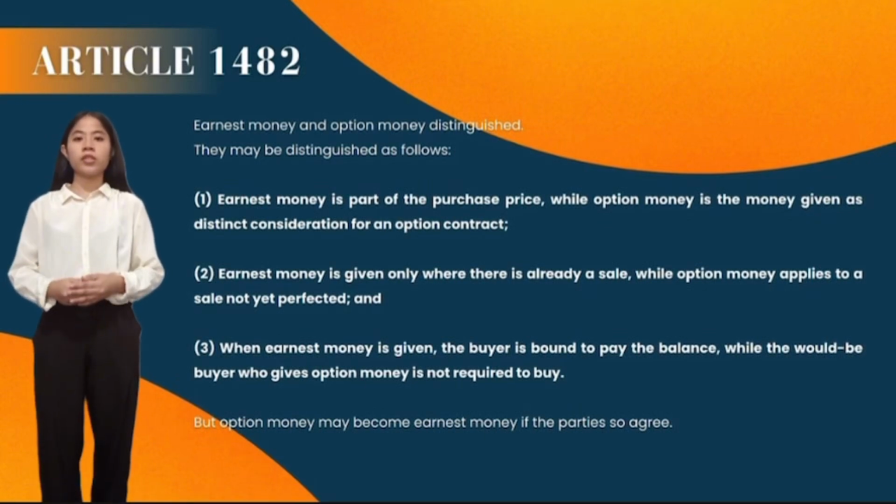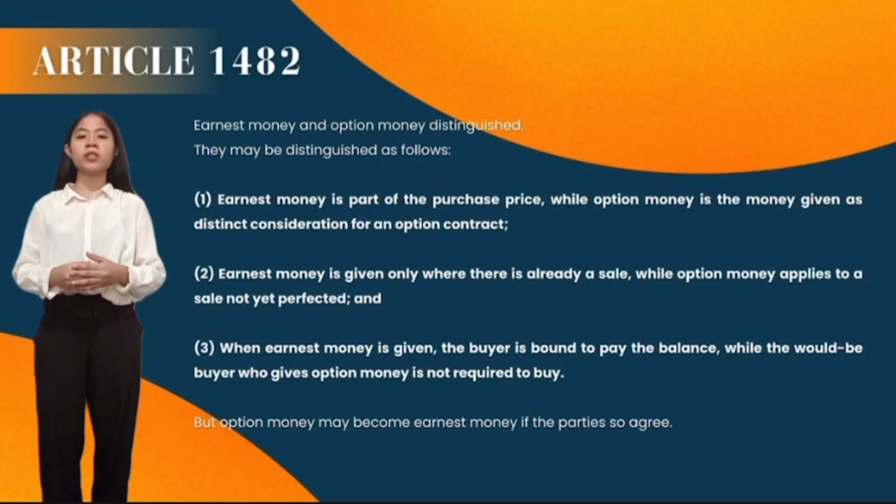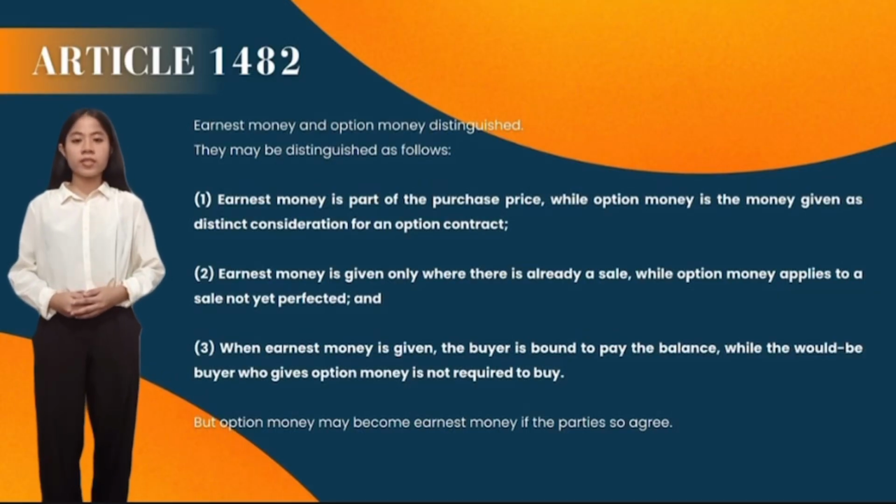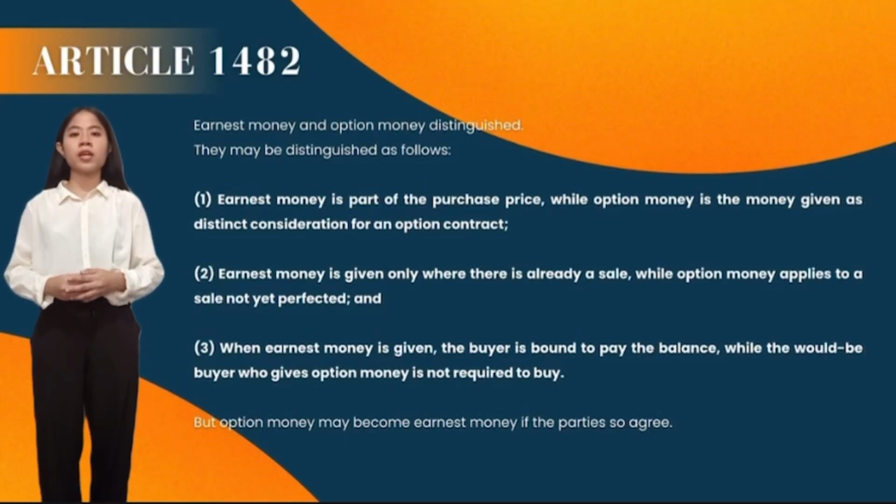Number 3, earnest money binds the buyer to pay the balance, while option money does not require the buyer to buy, but only binds the other party to not sell to others in a given time. Lastly, it is said that earnest money can become an option money if both parties agree.